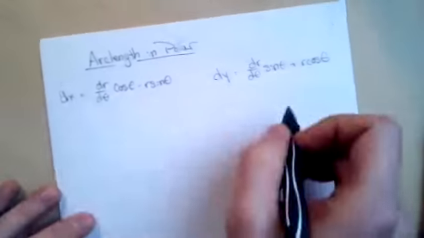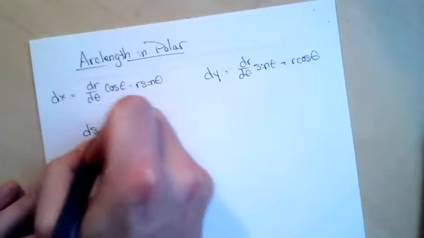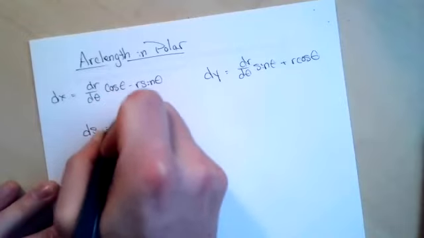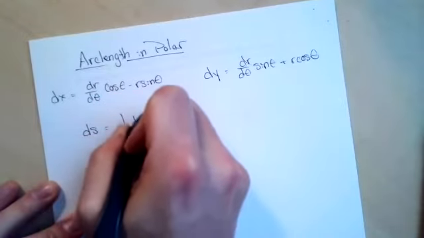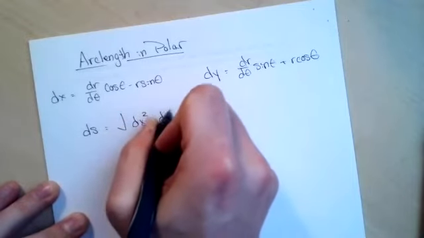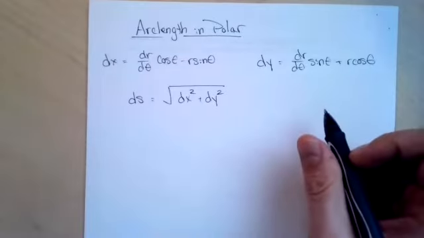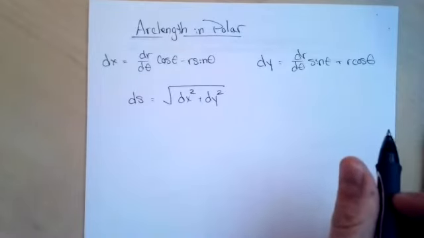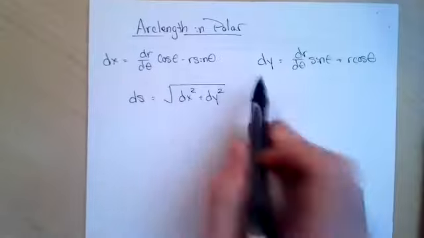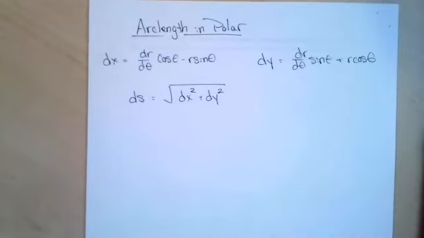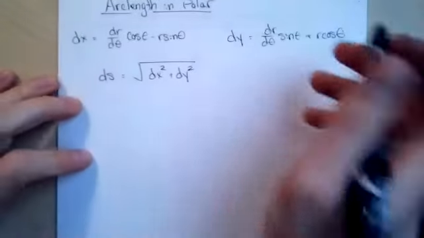So our arc length, again, still satisfies the Pythagorean theorem. Now we just want to compute and maybe simplify that for our arc length. So let's see what we got.